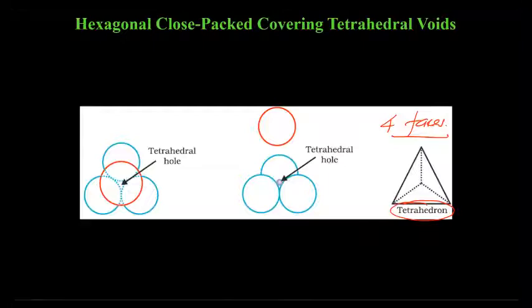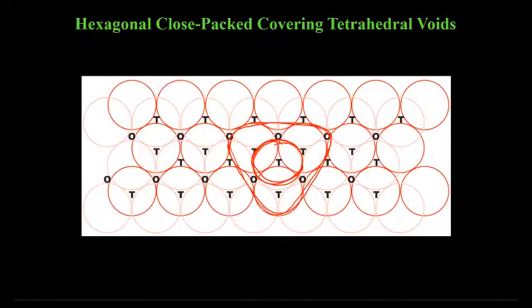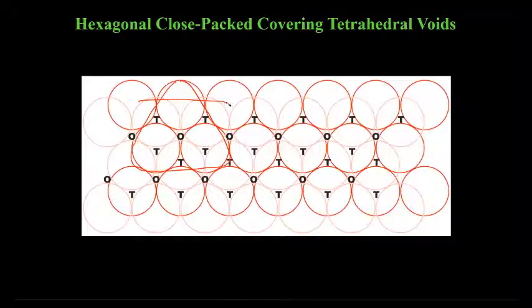And now you might have guessed that what we call an octahedral void will have eight faces. And why does it happen? It happens because an octahedral void is formed by these three and these three. You need to visualize it.